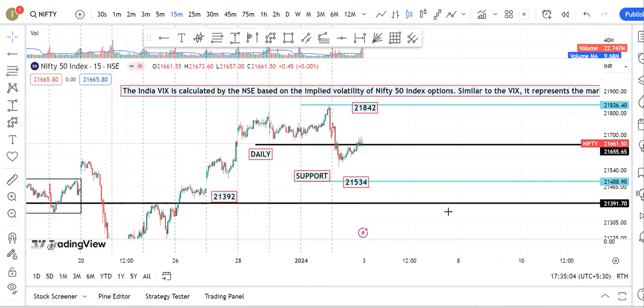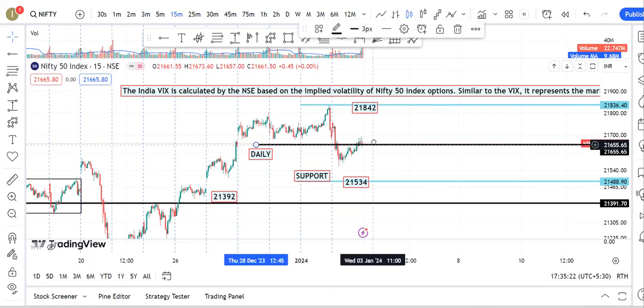0.68% of the Nifty comes to around 170 to 165 points. So today's closing is 21,665.